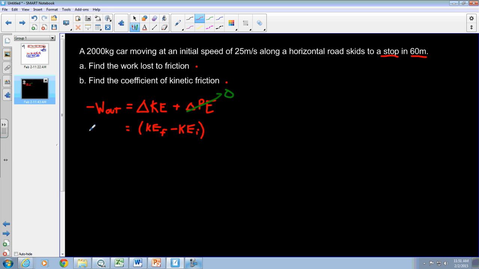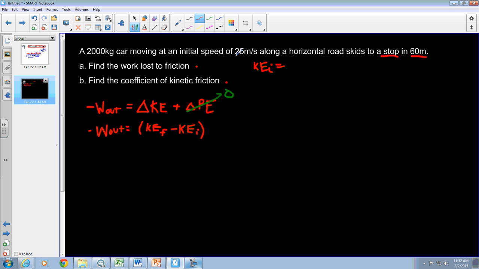So your workout is a situation where your final kinetic energy minus your initial kinetic energy will give you your work, and that's the amount of work you lose due to friction. The initial kinetic energy is pretty easy to figure out.